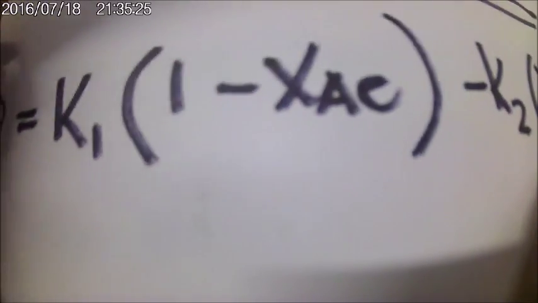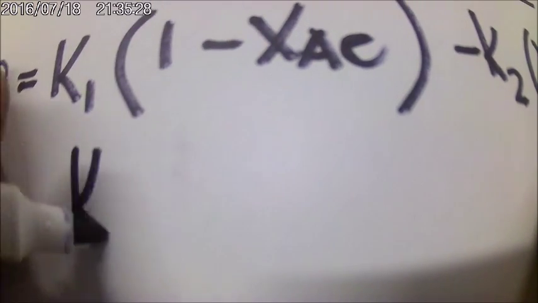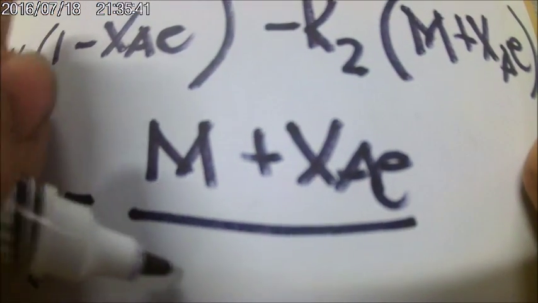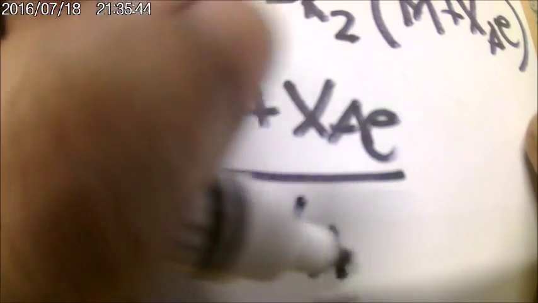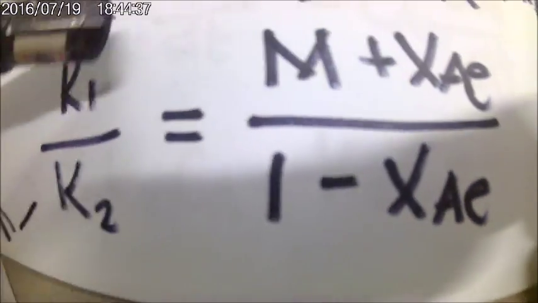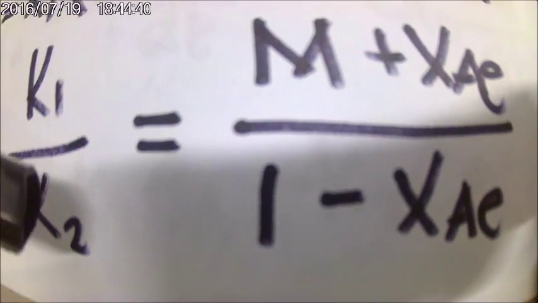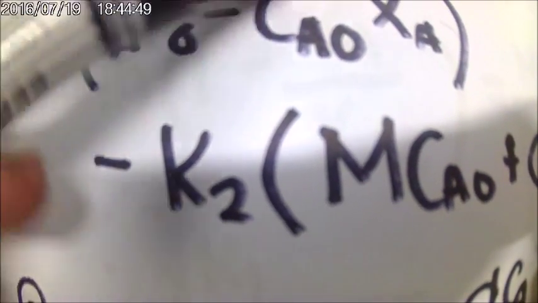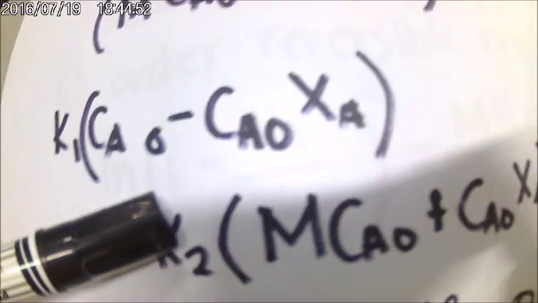Rearranging, we obtain k1 over k2 equals (M plus XAE) over (1 minus XAE). So we can use this equation to substitute k2 in the rate equation, so we can only have k1 in the equation.